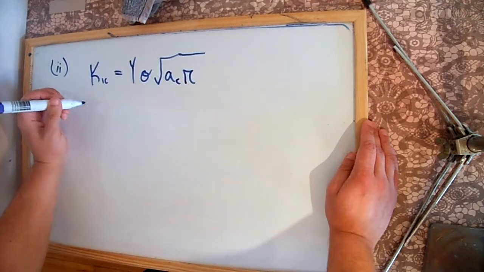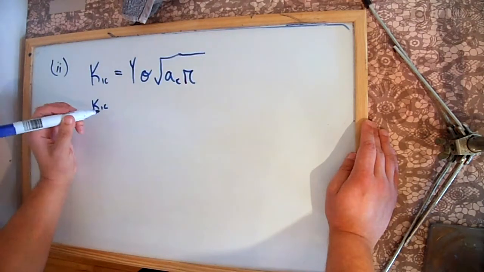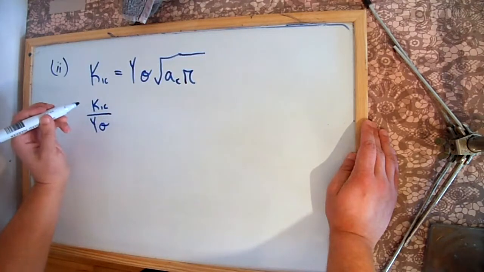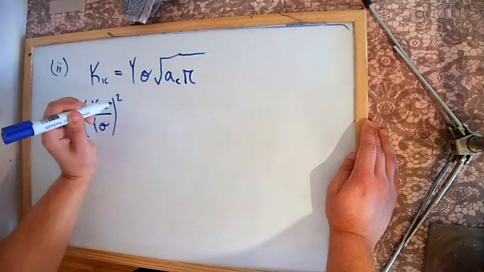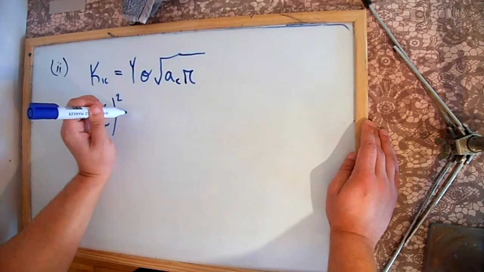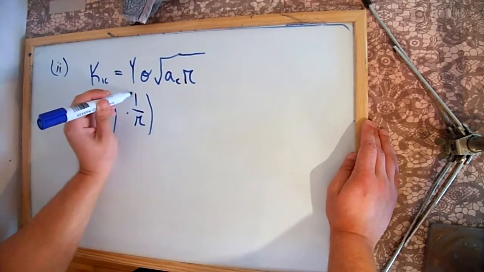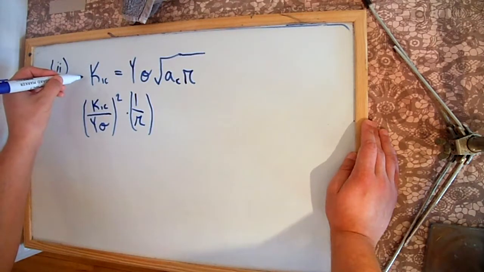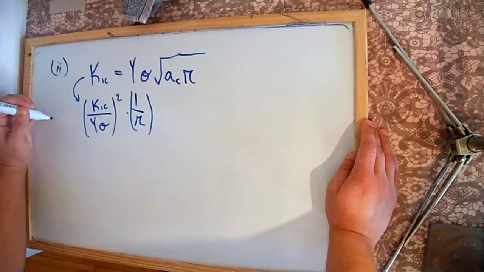So now we have to try and find A on its own. So we have KIC divided by Y, and then squared, and then that's equal to AC.